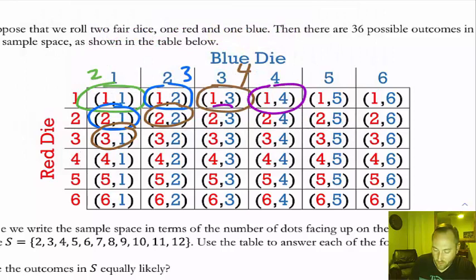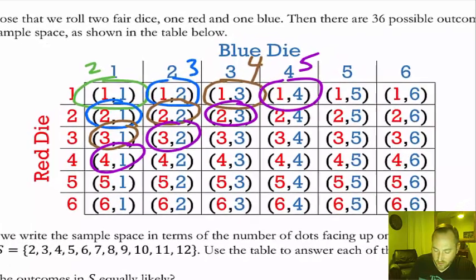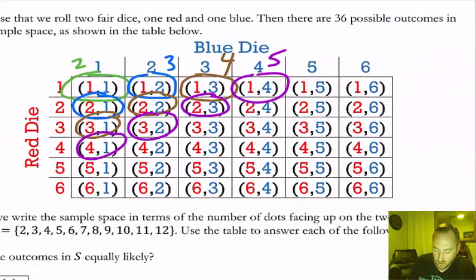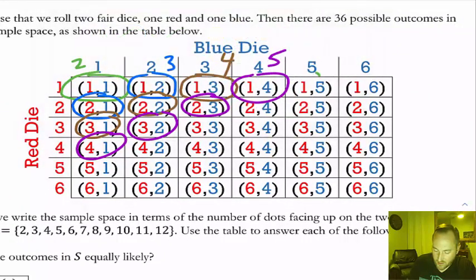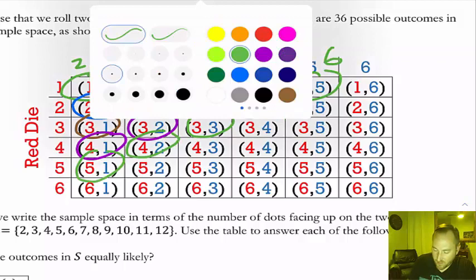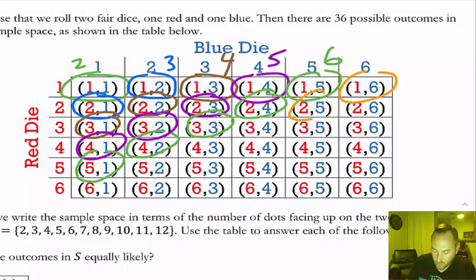Like this one with the 1, 4, 2, 3, 3, 2, and 4, 1, that's our 5 diagonal. Well, we know there's only one 2, and it comes down here, if you keep going through all of these, like this one's our 6. And then the greatest number we could get here is 7, with all the different outcomes that add up to a 7.